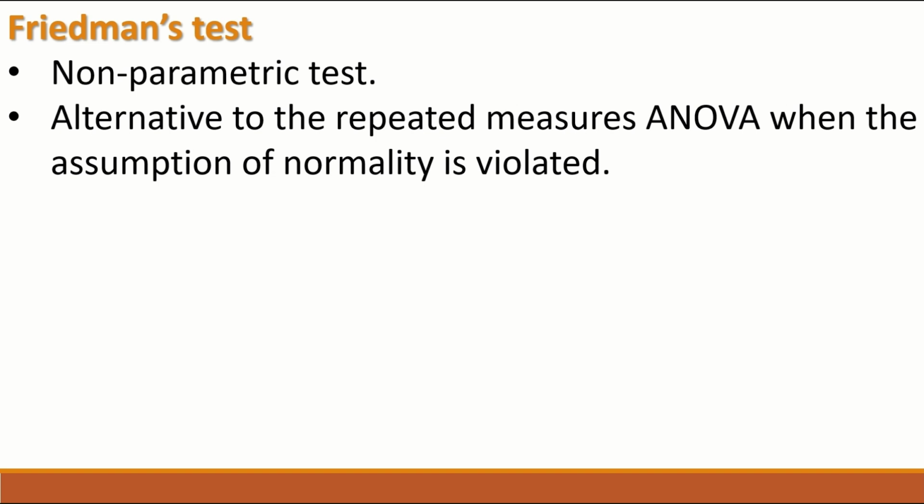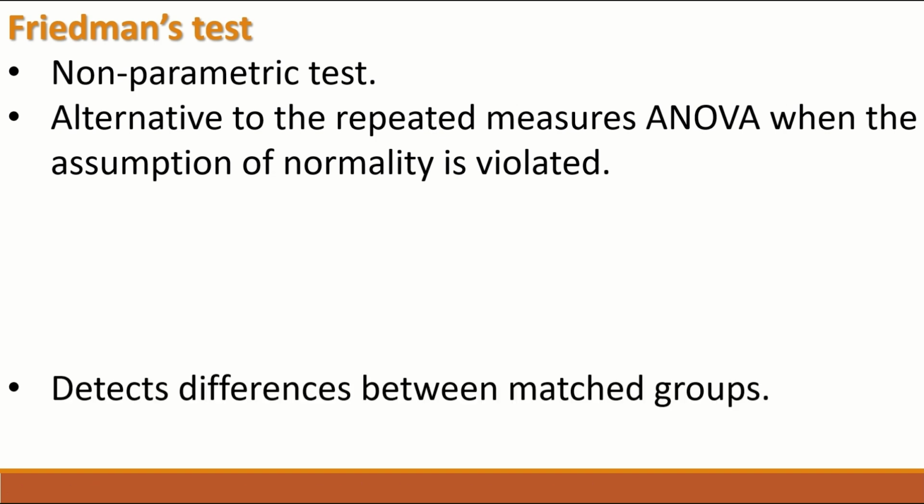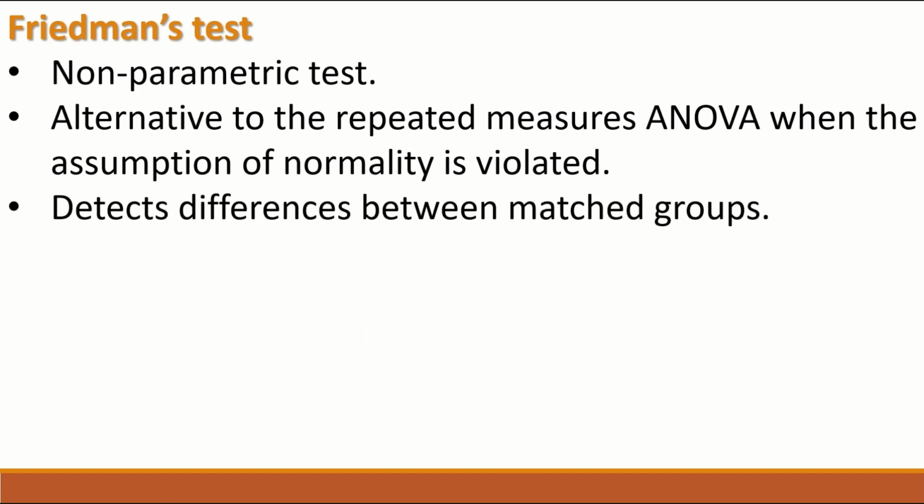The Friedman test can be used when the data lacks normality, and the repeated measures ANOVA can't be used. The test also detects the differences between matched or related or dependent groups.